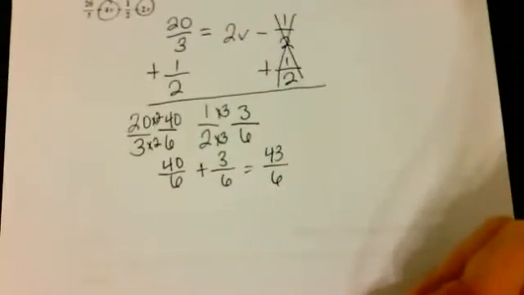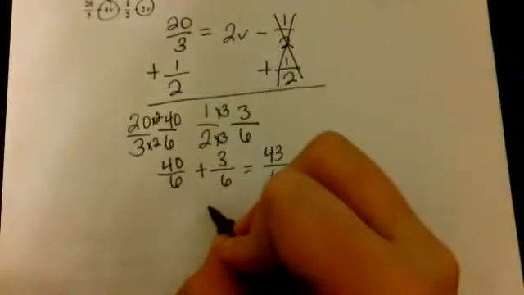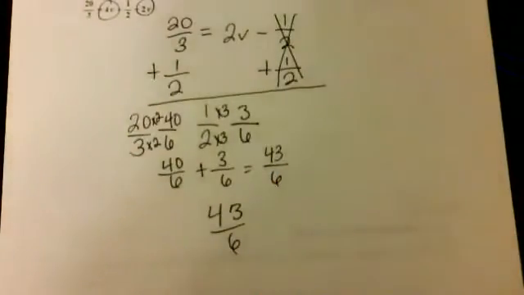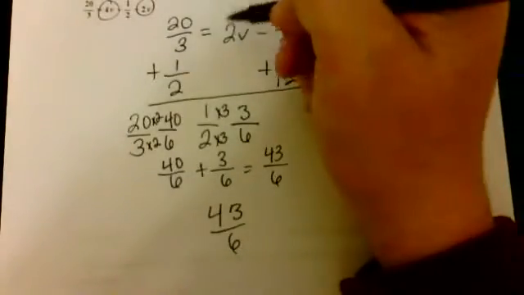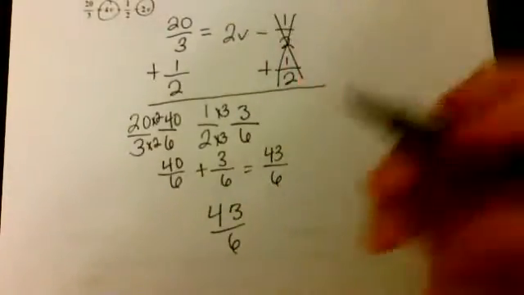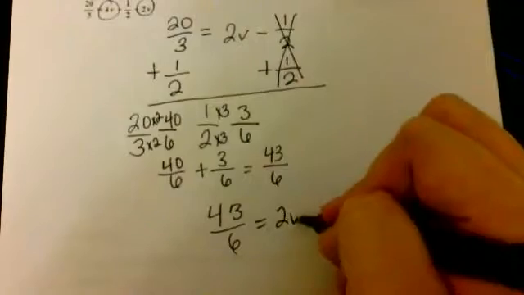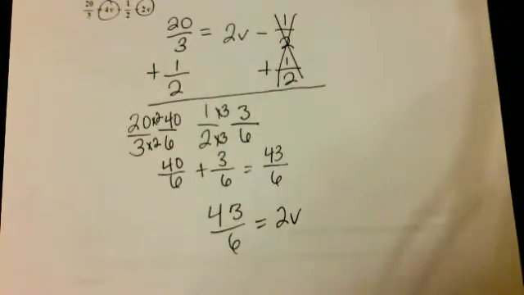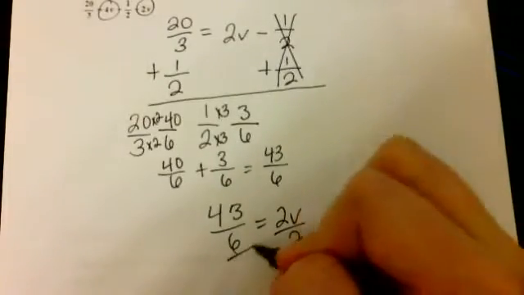Okay? So, since we added those, we have 43 over 6 is equal to this 2v that we still have left up here. Okay? So to get v by itself, we're going to divide by 2.